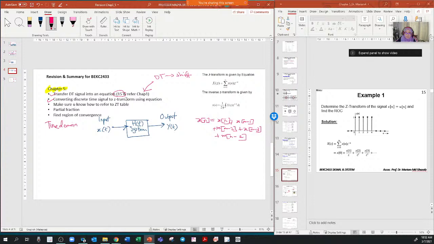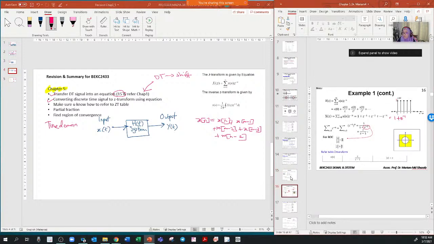If you see the equation, the second step is that you need to convert the discrete time signal to Z transform. So this is where you need to refer to the equation of Z transform, which you can refer to in the notes. But directly you can transform it.